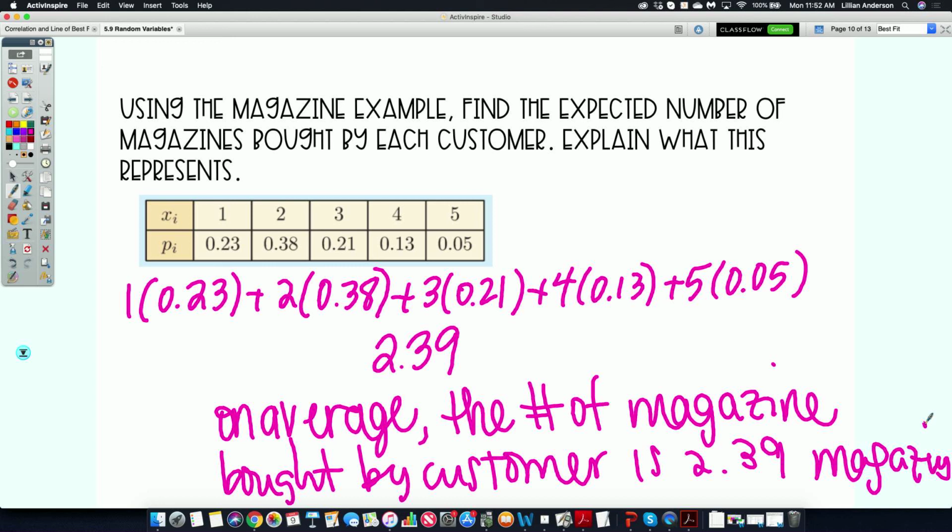They could also give you the table instead of describing the situation. Like a lot of the problems that we did in regular probability describe the situation. You yourself had to create either a tree diagram or a Venn diagram to represent the situation. So this time they give you a table and then it works the same way.